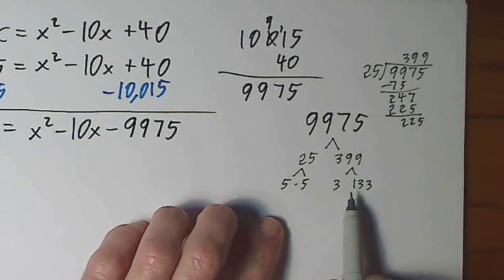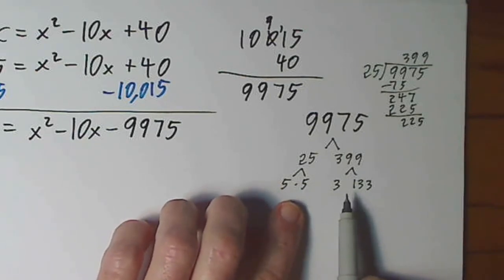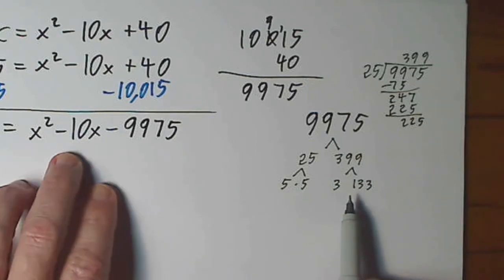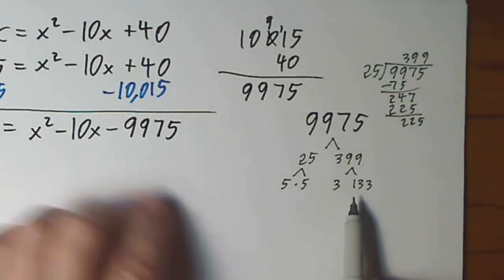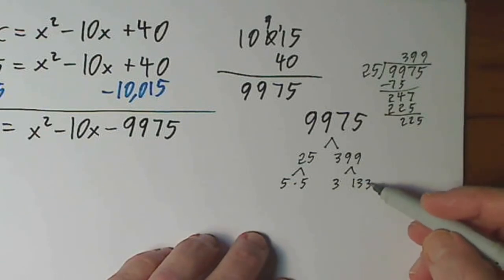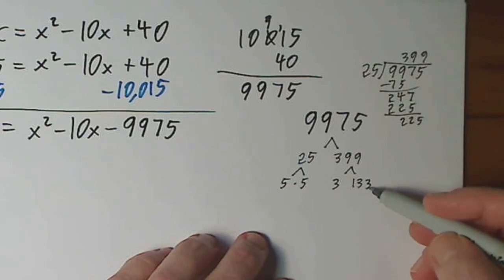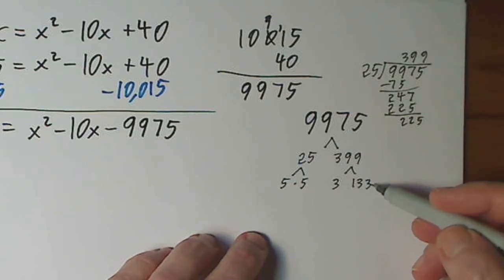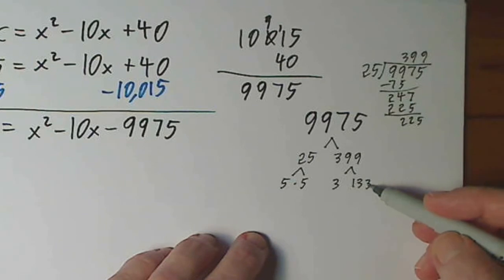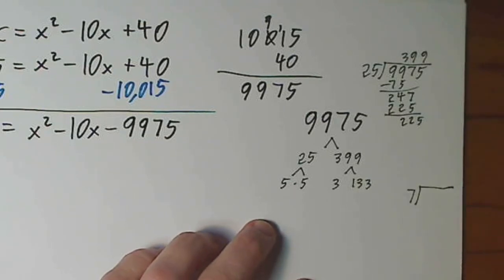If this was the prime factorization, I'd have some combination that would give me two factors with a difference of 10, and so far I don't see it. So I'm going to take a real close look at 133. 2 won't go in there, 3 won't go in there, and if 2 didn't work, no even number will work. 5 won't work. 7 would be the next thing to try. You just go up the line trying your prime numbers.